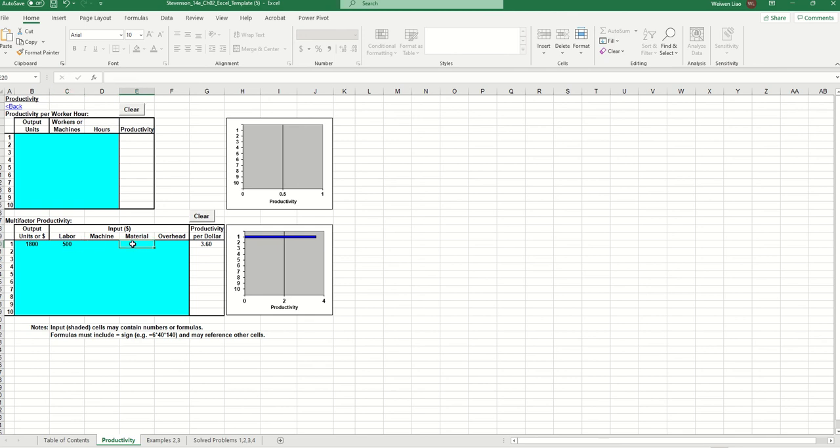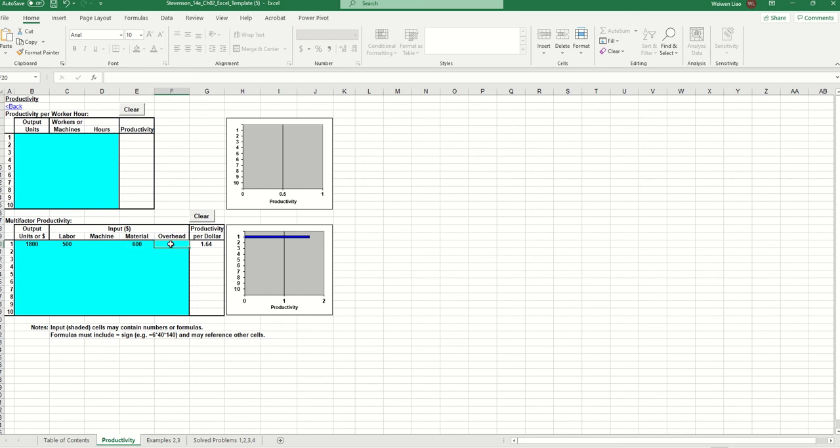Now the material cost, how do you figure that? The total material cost will be your unit material cost times the units of your output. For example, right now your material cost is $10 per unit. Remember, we have 60 units. So 10 times 60, that's 600.